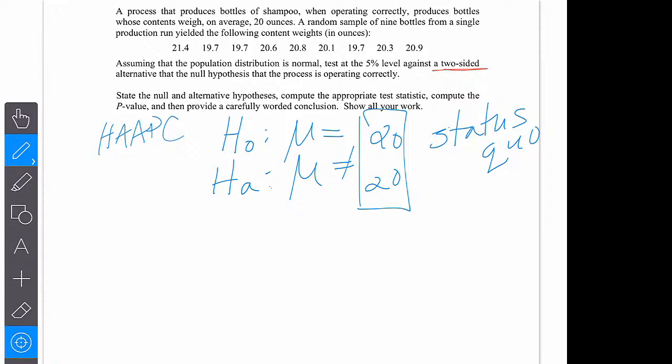Does the status quo still hold? Is it true that it's 20 ounces on average? Or is there evidence to refute that? The alternative is that it's not. This just means not that. All right? So whereas the null hypothesis means no difference or nothing new, the alternative is that it's not correct and there is something new. So we want to test to see if we have evidence against 20 ounces as the average. So that's the H step.